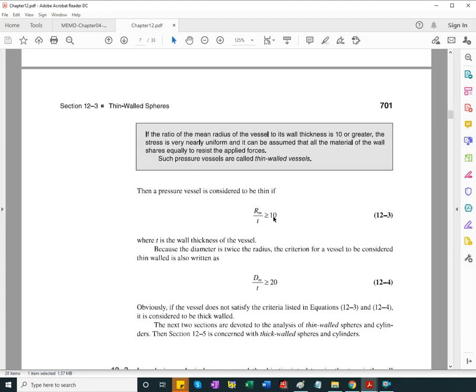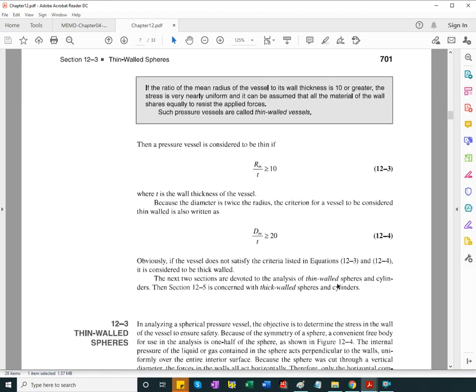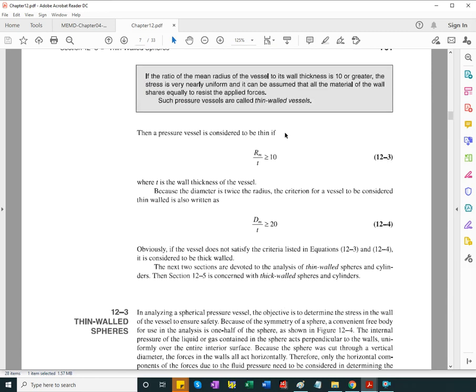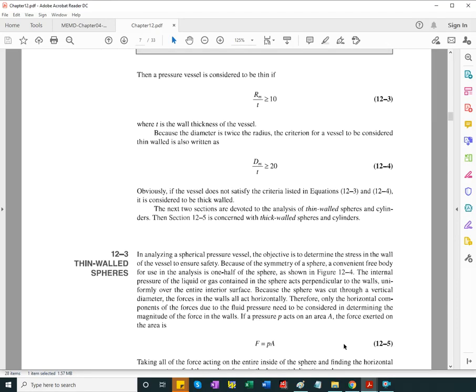If this ratio is less than 10, or diameter over thickness less than 20, that pressure vessel will be assumed to be thick-walled, and we're going to use different equations to capture the type of radial stress distribution, which otherwise for thin walls is assumed to be constant throughout the cross-section. An approximation which is valid for these cases, but for thick walls, the approximations made are no longer true.